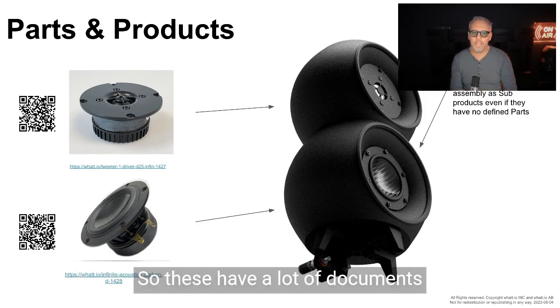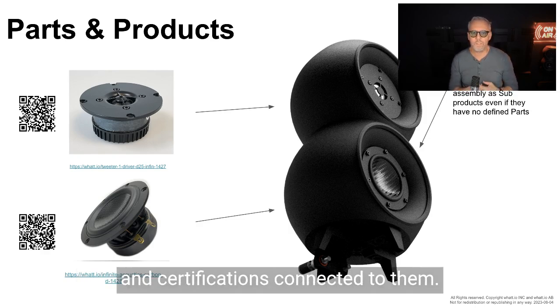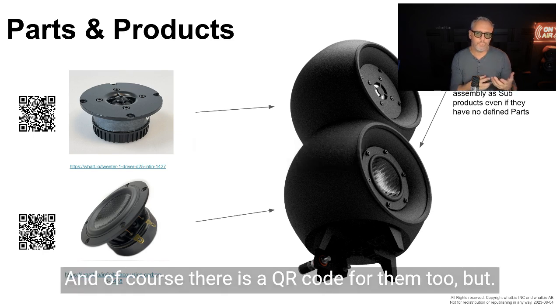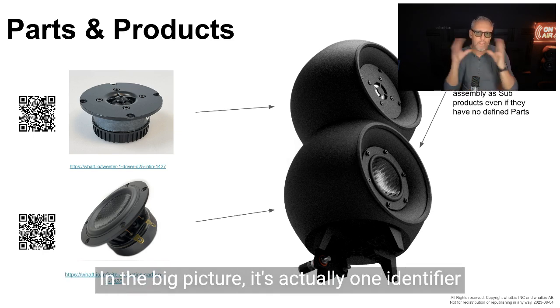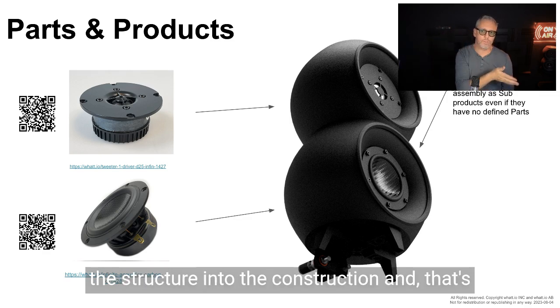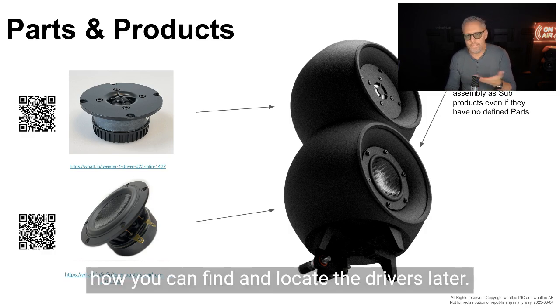So these have a lot of documents and certifications connected to them. So they are treated as sub-products. And of course, there is a QR code for them too. But in the big picture, it's one identifier for the full speaker that then breaks down the structure into the construction, and that's how you can find and locate the drivers later.